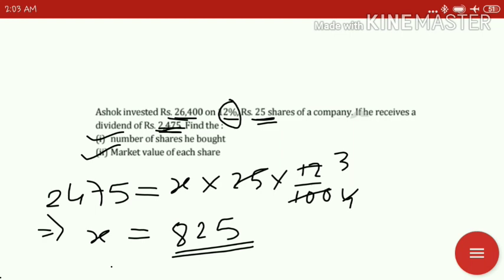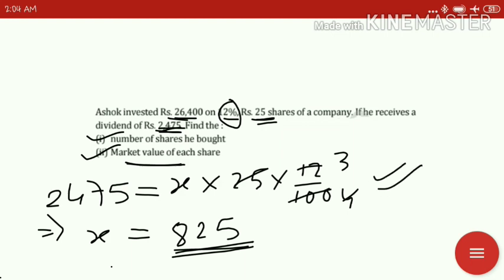For the market value of each share, you can use the formula investment by number of shares, which gives the market value. Very easy one, so you can solve it by yourself too. If you have solved it, then listen to my explanation and match your solution with it.